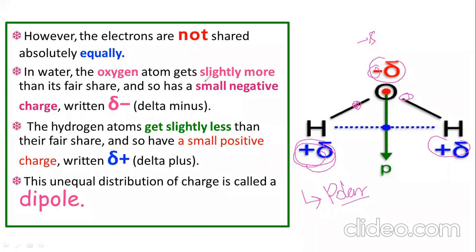In water, the oxygen atom gets slightly more than its fair share, and so has a small negative charge, written partially negative, and partially positive on hydrogen. So this unequal distribution of charges is called what? Dipole.